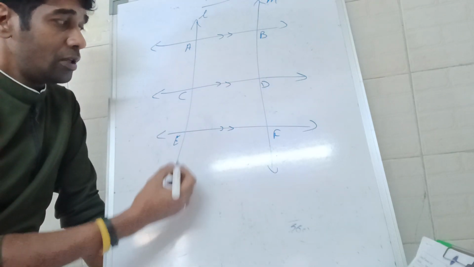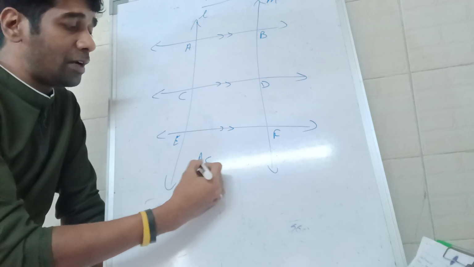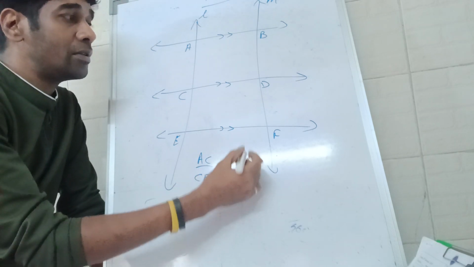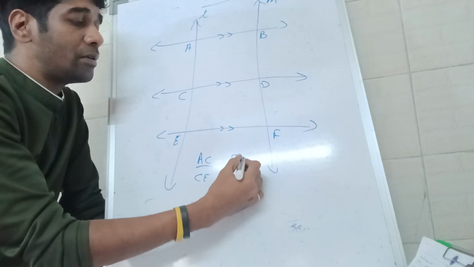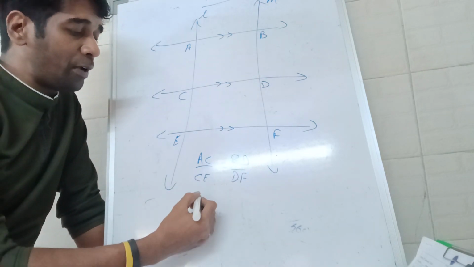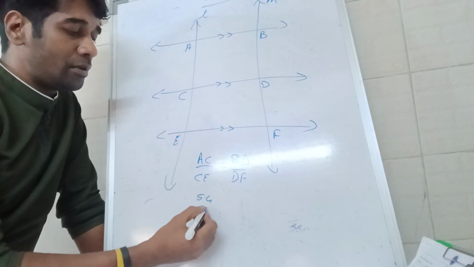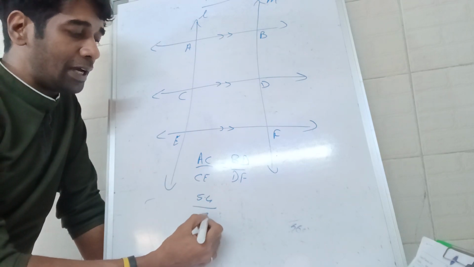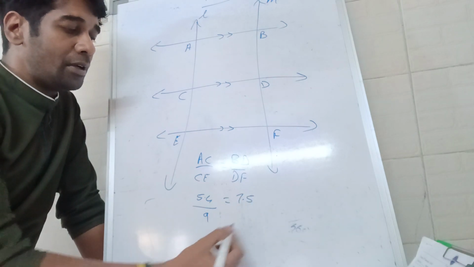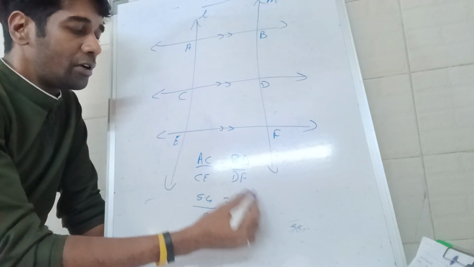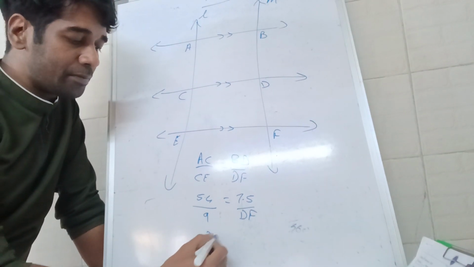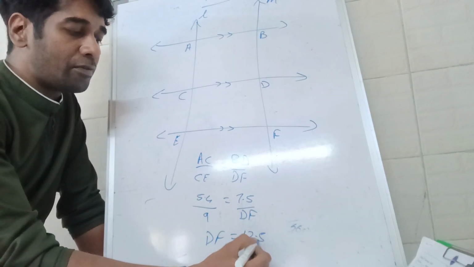AC is said to be 5.4, CE is 9, BD is 7.5. We have to find DF. Cross multiply and the value for DF will be 12.5.